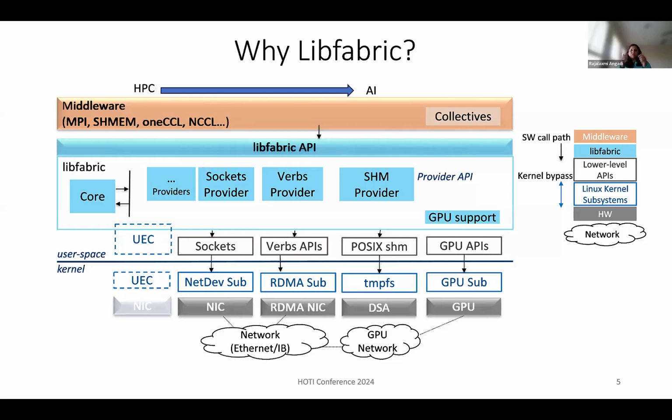Let us shift our focus on the top now. The top layer shows middleware, applications and libraries, and we can see that the focus is trending towards AI. And the collectives are becoming more important. And we have listened to many talks in this conference talking about those. Imagine if a middleware developer had to program for each of these fabrics and the variety of compute elements that are at the bottom.